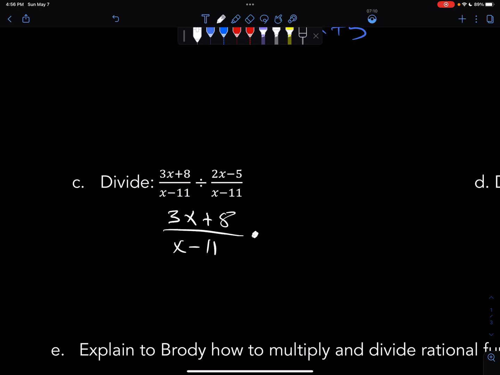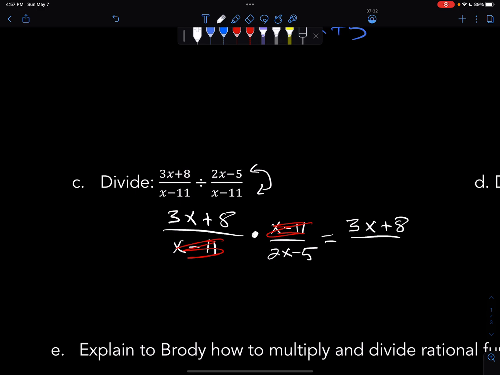And then flip the second fraction. So we get x minus 11 over 2x minus 5. So then, easy to see, the x minus 11s can cancel. And we're left with 3x plus 8 over 2x minus 5.